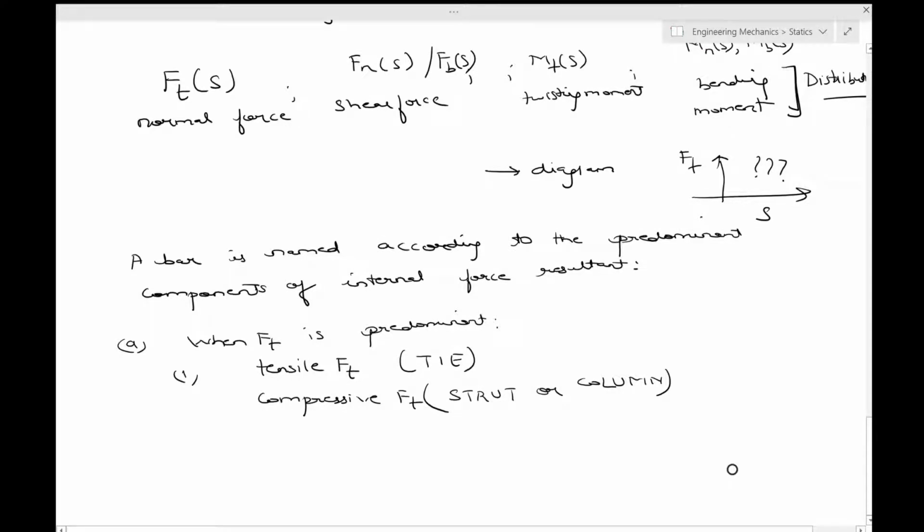Okay, so that's what you should have known before as well, but here you can now fundamentally look at these definitions. This is an axially loaded straight member, meaning the loading is along the axis.